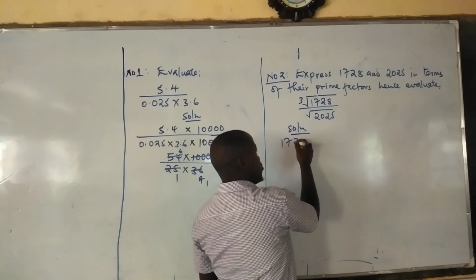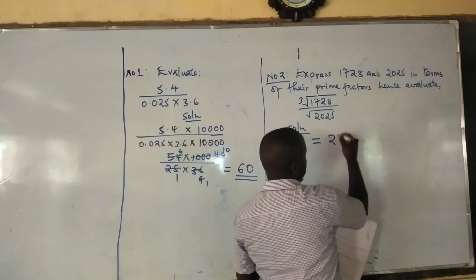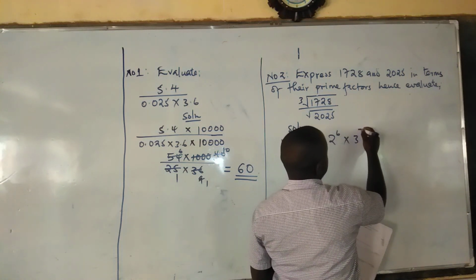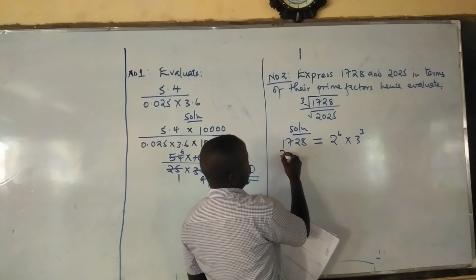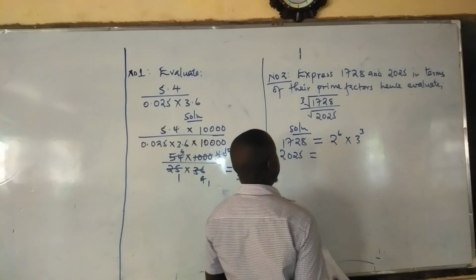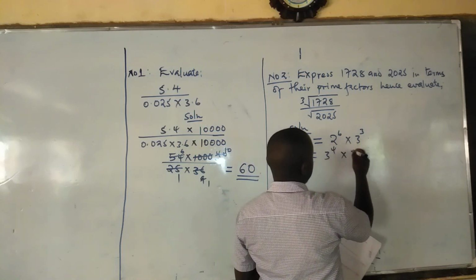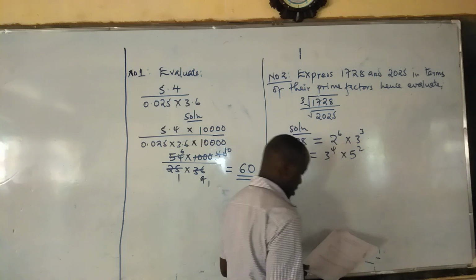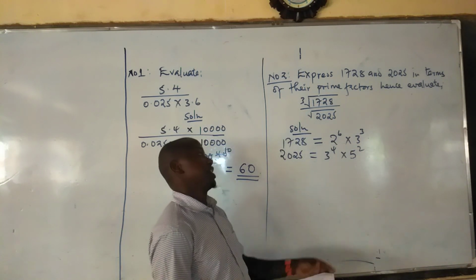So 1728 in its prime factors will be 2 power 6 times 3 power 3. And 2025 in its prime factors will be 3 power 4 times 5 squared. So that's how we express them.